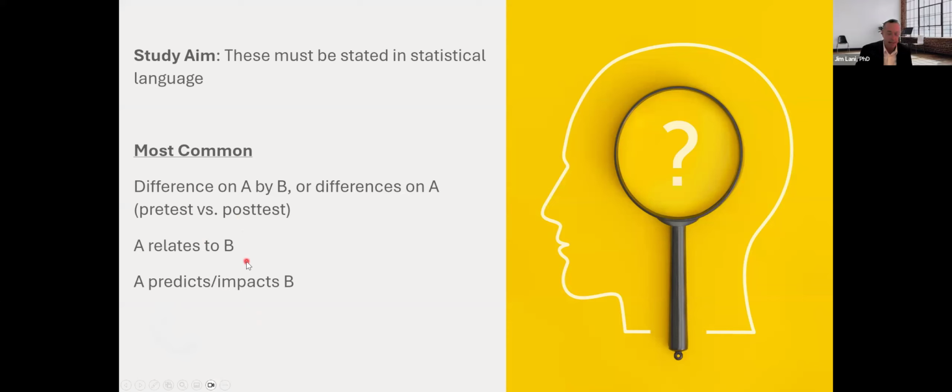You have to speak about the interrelationship between or among variables, and you need some language. These three words, differences, predicts, or relates, drive you to 30 different tests. Thirty. So they're really important. And people will typically know what you're talking about.